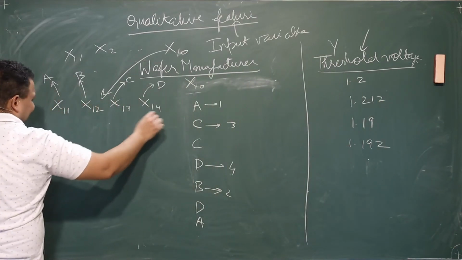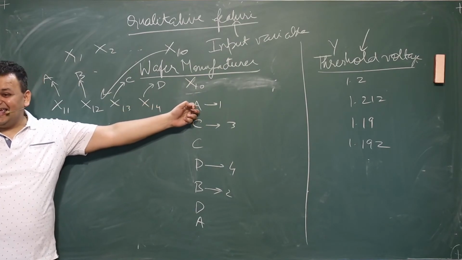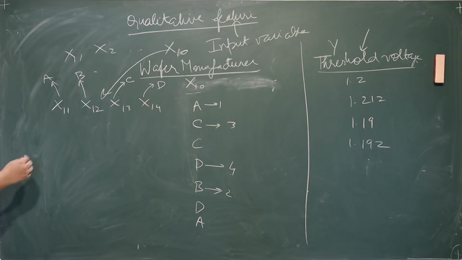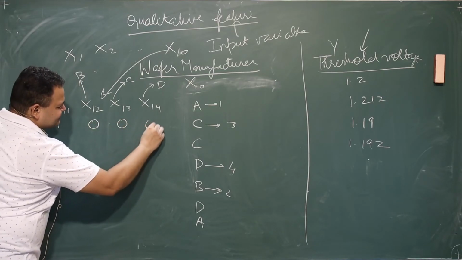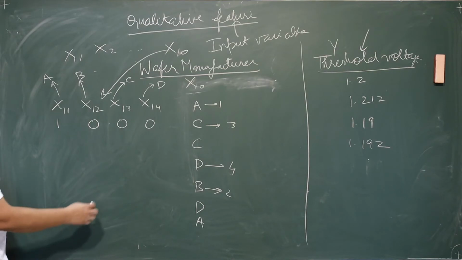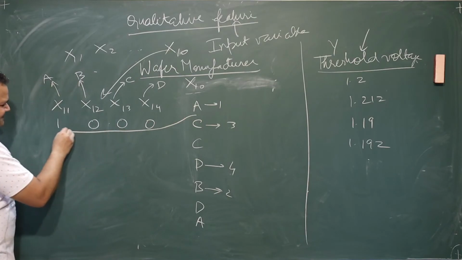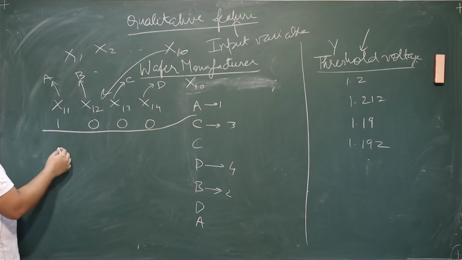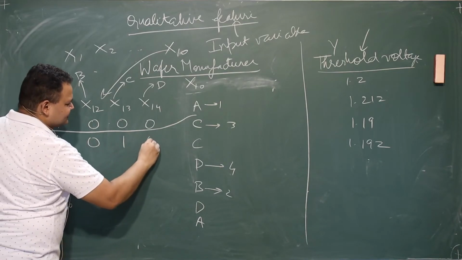पहला रो क्या होगा? फर्स्ट रो क्या होगा? So x10 का फर्स्ट रो is A. What is that going to be for x11? x11 is going to be 1 0 0 0. Okay, what is the second row going to be? 0 1 0 0.